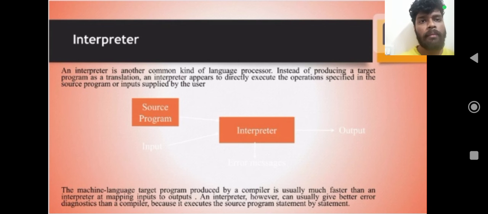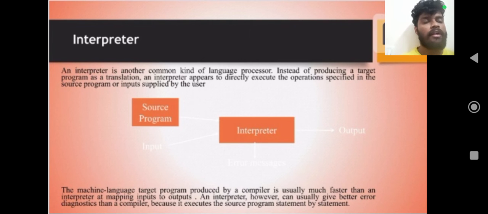And see the interpreter. An interpreter is another common kind of language processor. Instead of producing a target program as a translation, the interpreter appears to directly execute the operations specified in the source program on inputs specified by the user. The machine language target program produced by the compiler is usually much faster than the interpreter at mapping inputs to outputs.